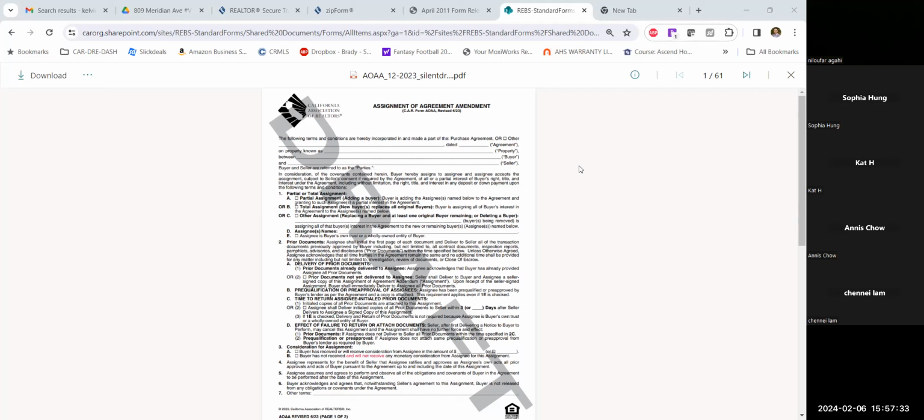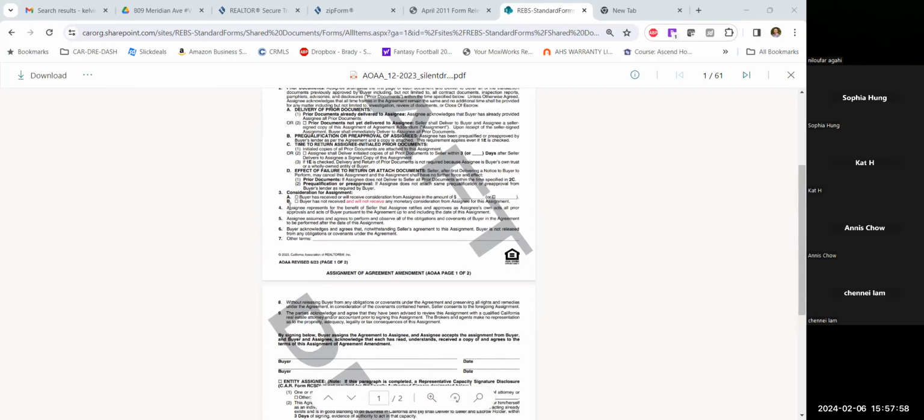They assign it and sell this contract to, let's say, an overseas investor. Maybe they make a quick $25,000 spread, and this buyer is the one who closes the escrow. They need to get the assignment AOAA completed. The only change you're going to see on this is whether the buyer will receive consideration or will not receive any monetary consideration.